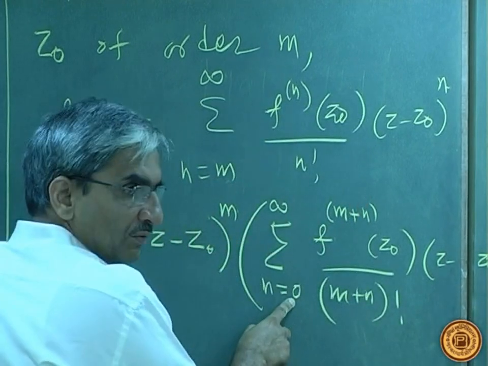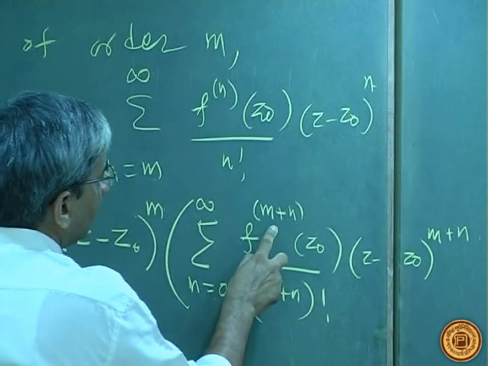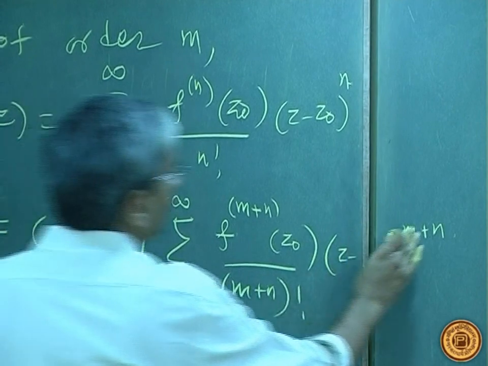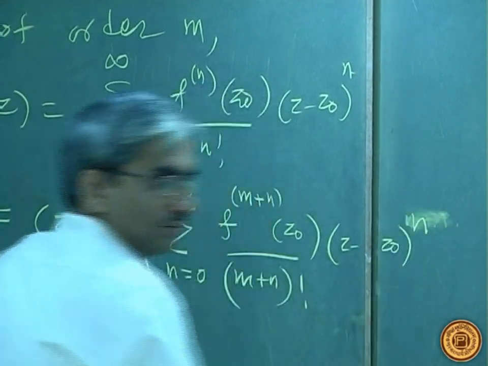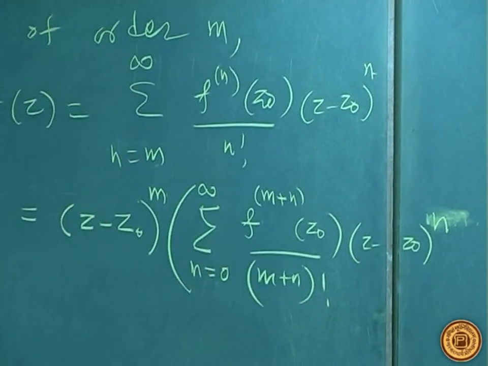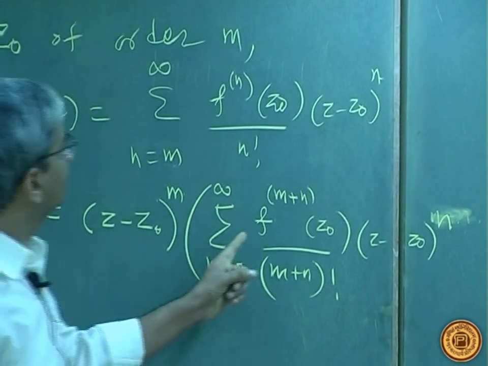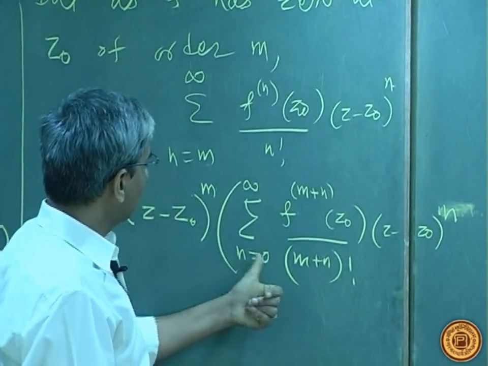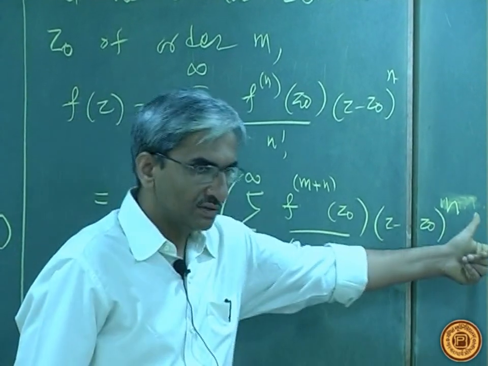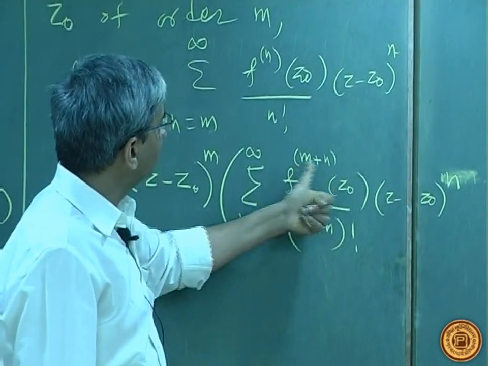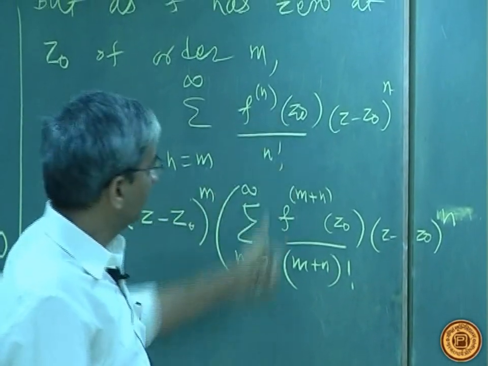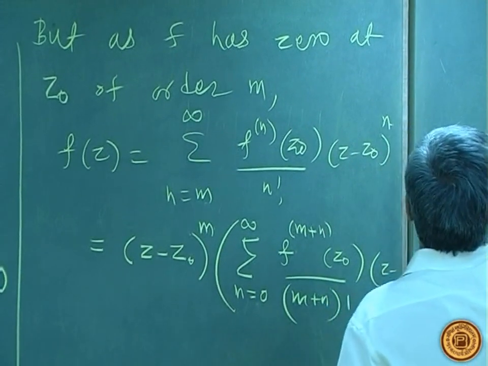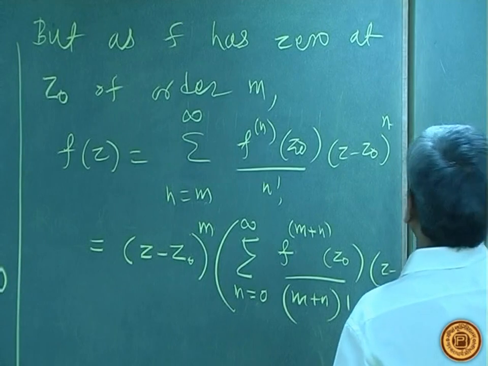Because if you put n equal to 0, then you get the mth derivative. So the constant term, after taking (z minus z naught) to the power m outside, is n equal to 0, which is the mth derivative at z naught upon factorial m.